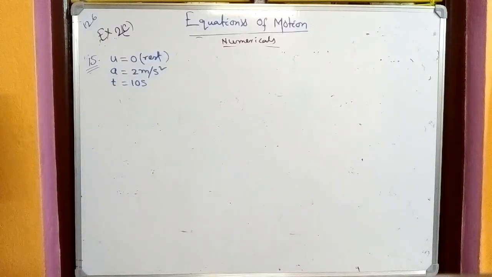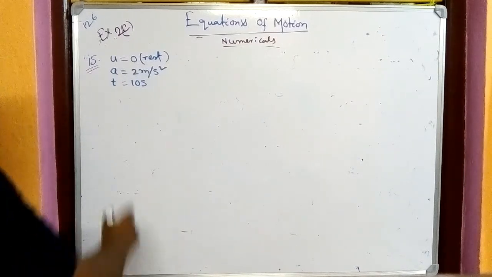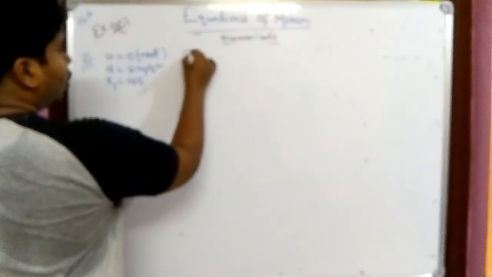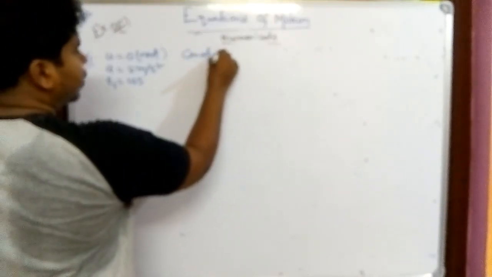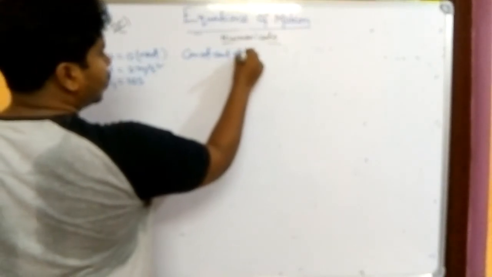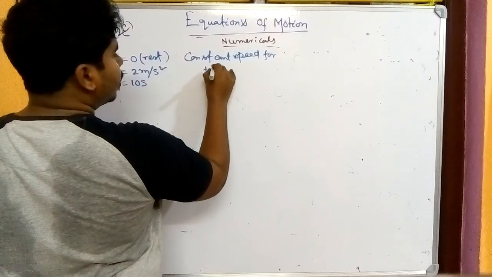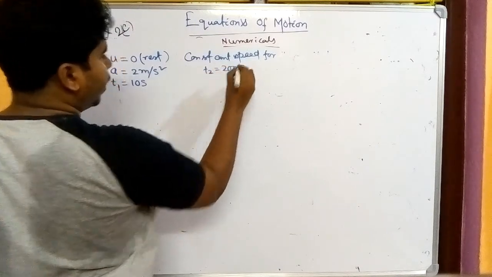It then maintains a constant speed for 200 seconds. So t1 we have to take, and here we have to write constant speed for t2 equals 200 seconds.